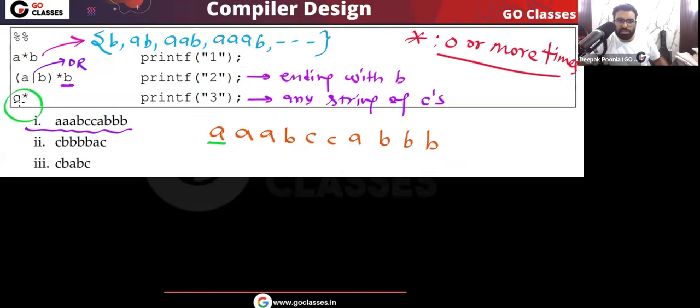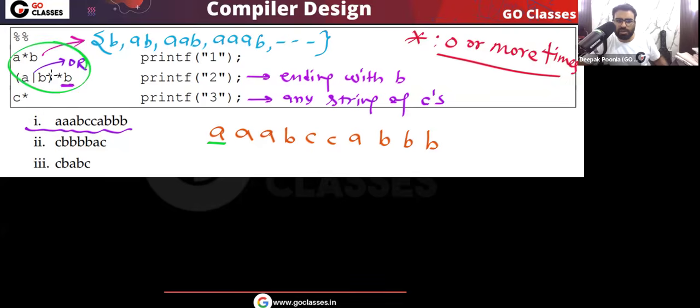C star is not in the race, because C star means any string of C's, only C's: either no C, or 1 C, or 2 C's, or CCC, like that. So when you read this character A, the first two regular expressions are in the race.